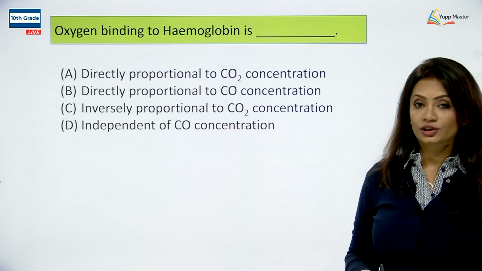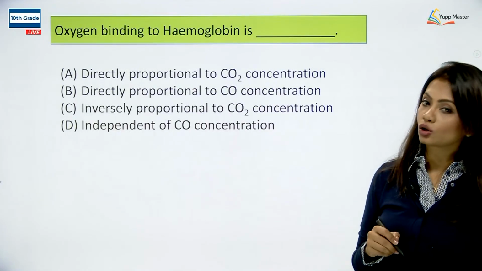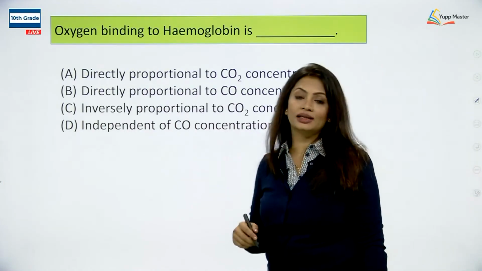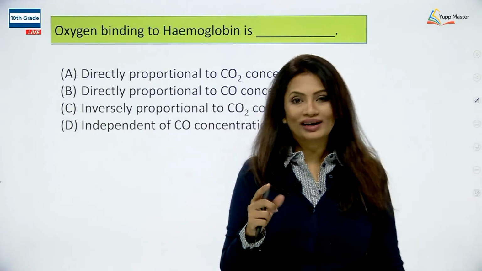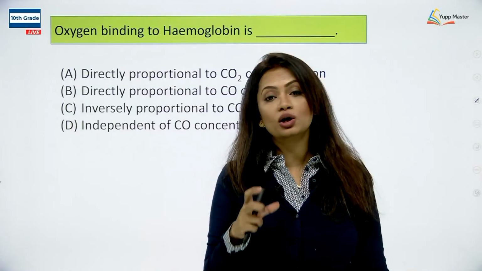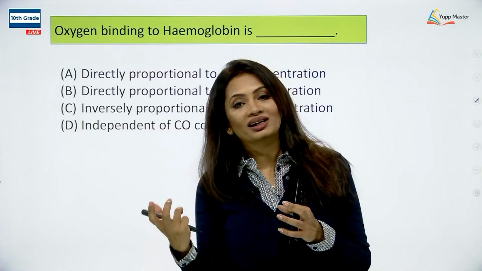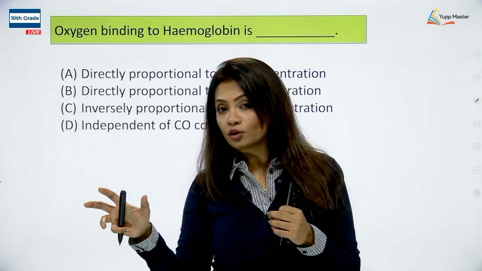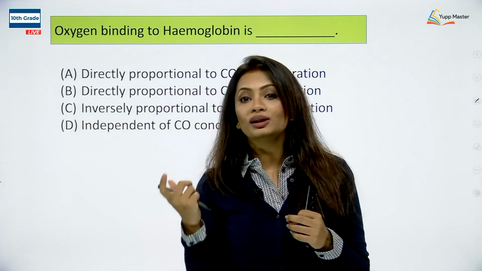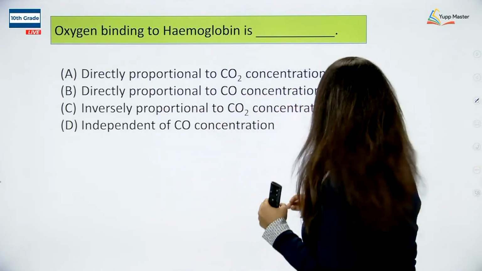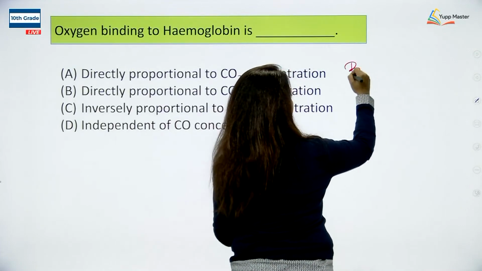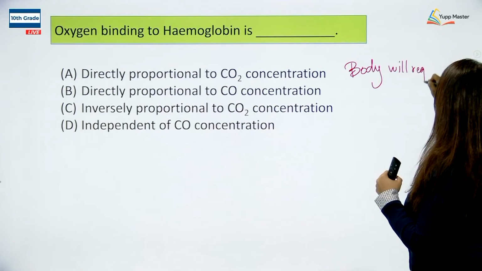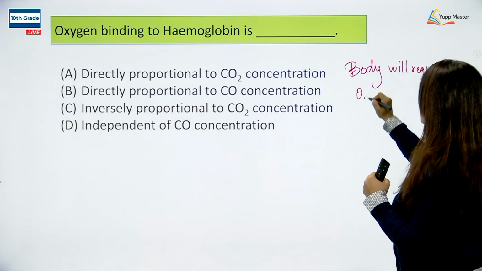Alright, next question. Oxygen binding to hemoglobin. Let's try to understand when oxygen will stay with hemoglobin. When the body does not require it. When will hemoglobin allow oxygen to go? When the body will require it. When will the body require oxygen?